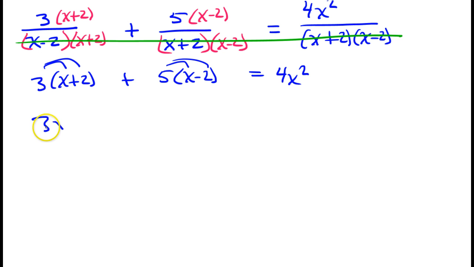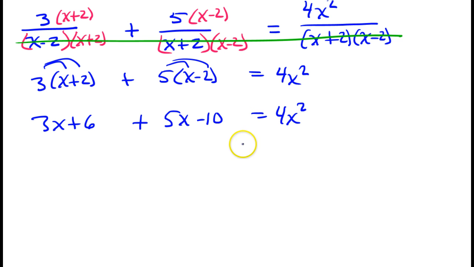So that's going to give me 3x plus 6, and then 5x minus 10 is equal to 4x squared. Alright, let's combine some like terms. So the 3x and the 5x together make 8x. The 6 minus 10 makes negative 4. And that's equal to 4x squared.